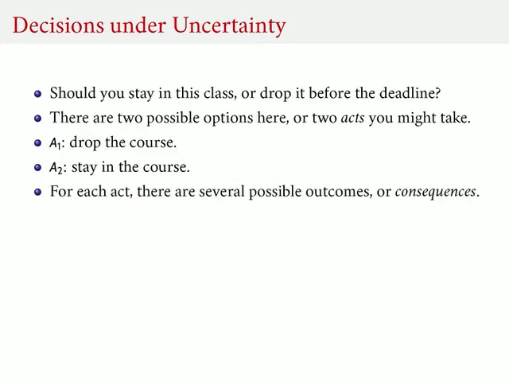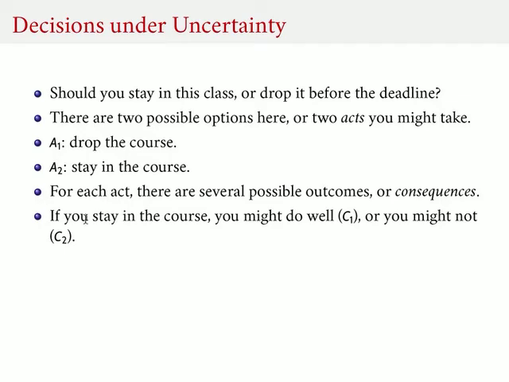Now for each act, there are several possible outcomes or consequences. So if you stay in the course, you might do well. So the consequence or the outcome of you doing well in the course, let's say it's C1, or you might not do well, and that's another possible consequence of that action, so C2.